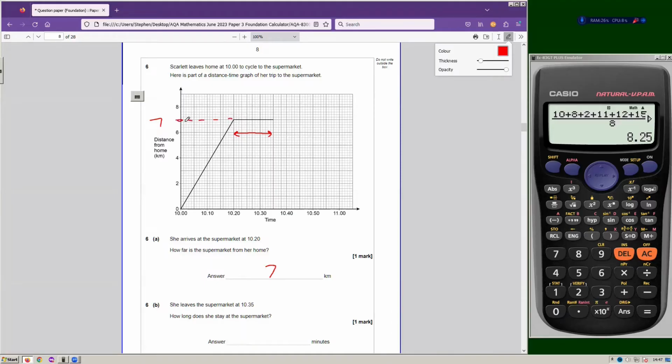She's at the 7 kilometer point and stuck there. So 10:20 to 10:35, isn't it? This point here. Right, 20 to 30 is 10 minutes, 35 is 15 minutes. Okay.